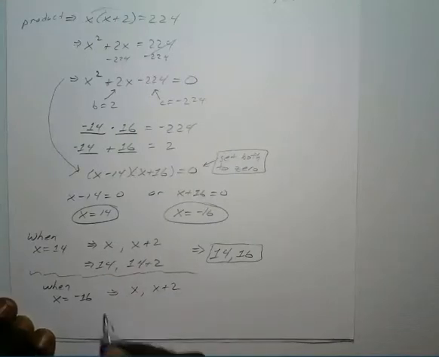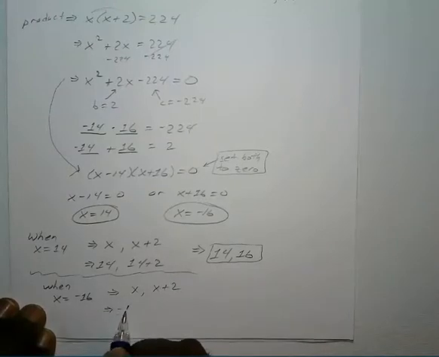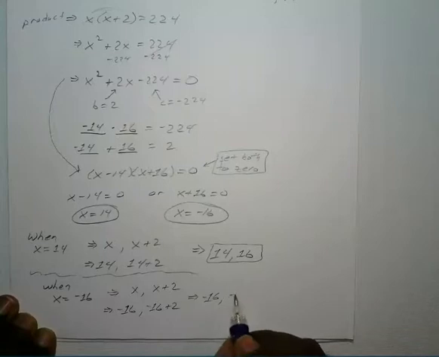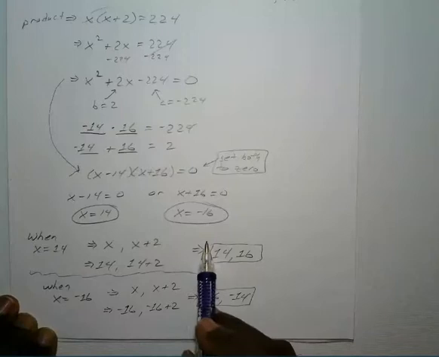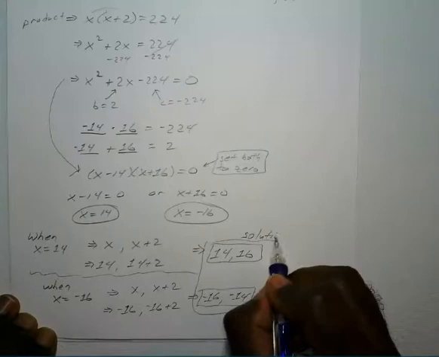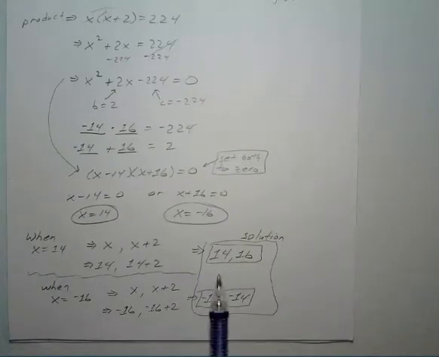So x is negative 16, and negative 16 plus 2 gives us negative 16 and negative 14 as possible solutions. Both of those represent your solutions: 14 and 16, or negative 14 and negative 16. Either one of those sets of numbers will work.